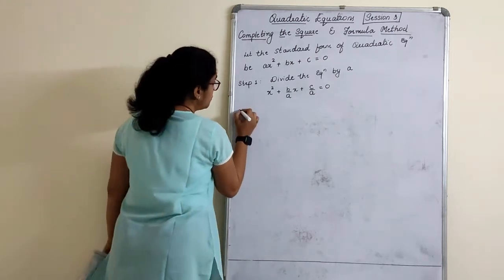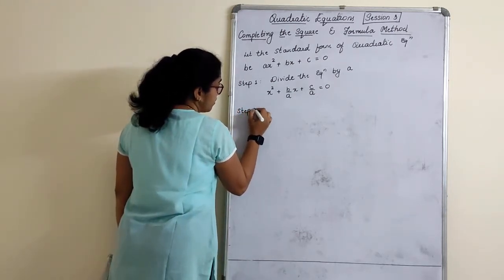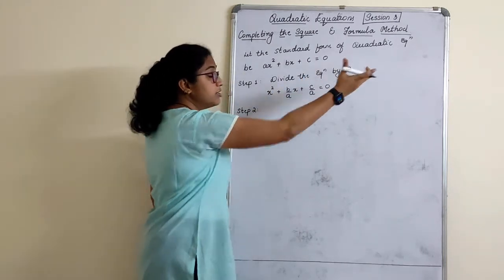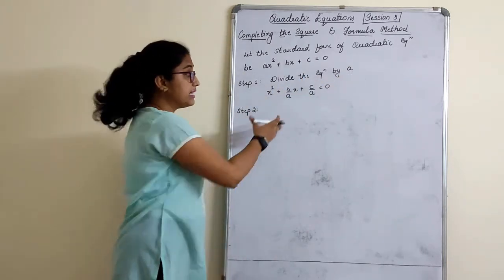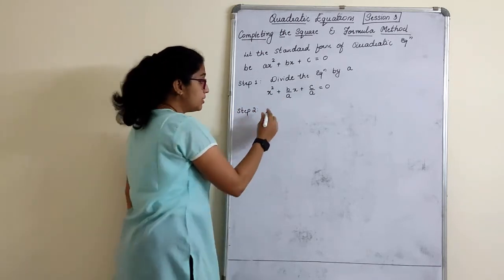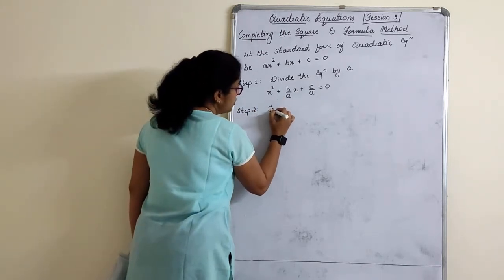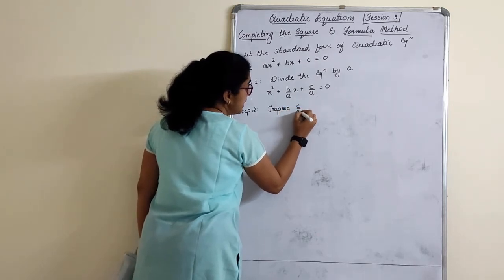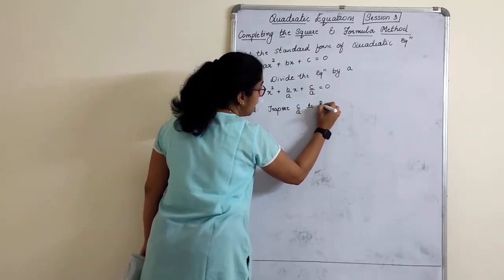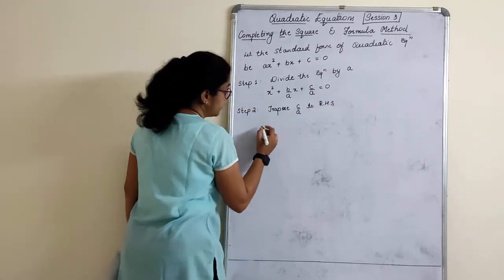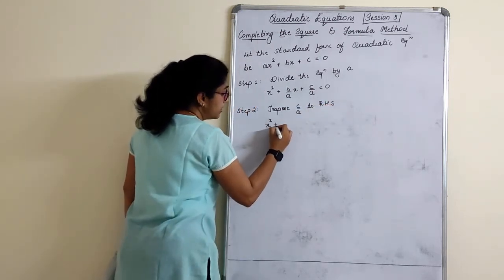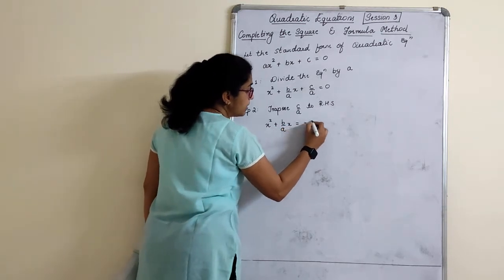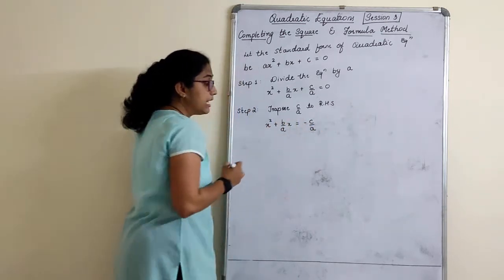Step 2: we transpose the constant to the RHS, keeping this term on the LHS only. So transpose c by a to the RHS. This is x square plus b by a of x is equal to minus c by a.